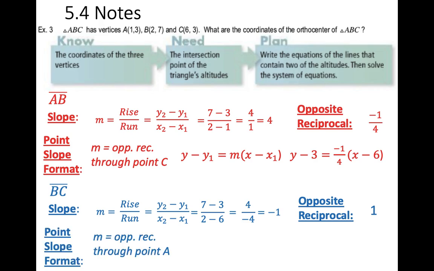So now I'm going to use my point slope format, using 1 as my slope and going through point A. My A is (1, 3), so it's going to be y minus 3 equals x minus 1. So now I have two equations for the altitudes. The one in red up here, y minus 3 equals negative 1/4 times x minus 6, and the other one, y minus 3 equals x minus 1.